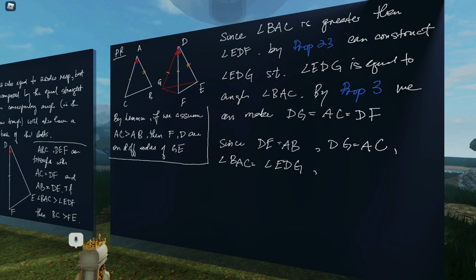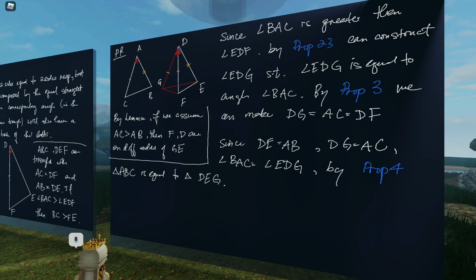So all these by construction, we've made them equal by the way we constructed all of the things that we did before. So by proposition 1.4, or proposition 4, I keep saying 1.4. I guess we're always on book 1. Triangle ABC is equal to triangle DEG.